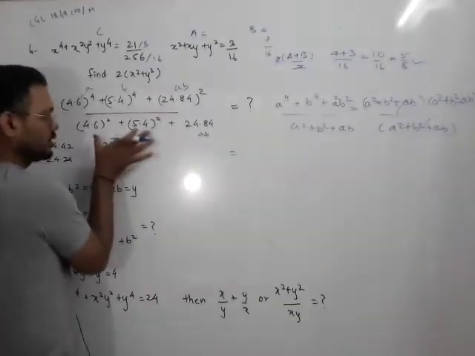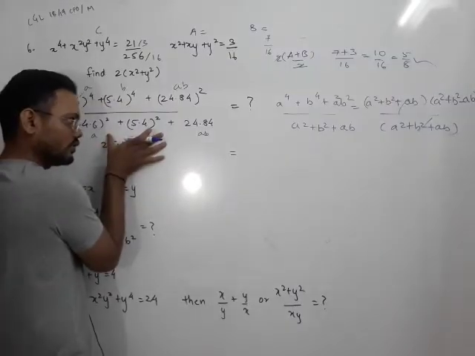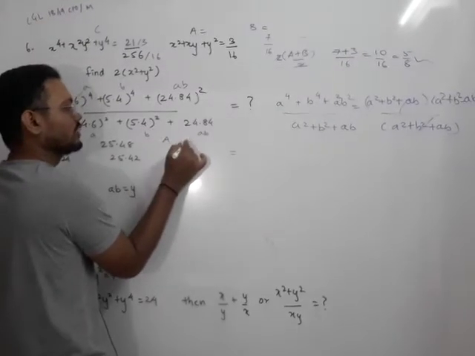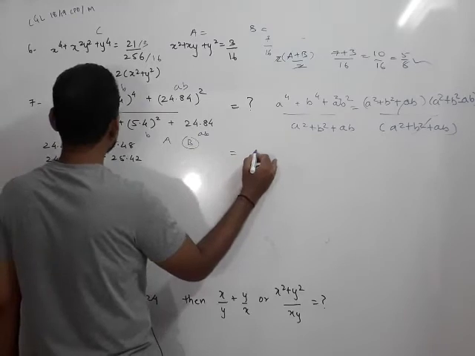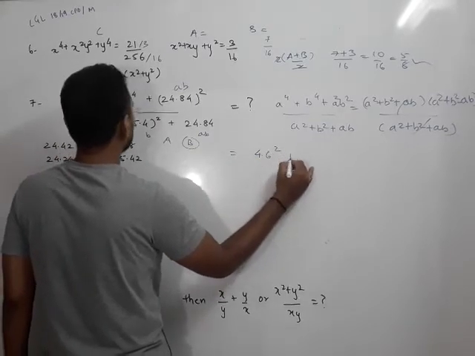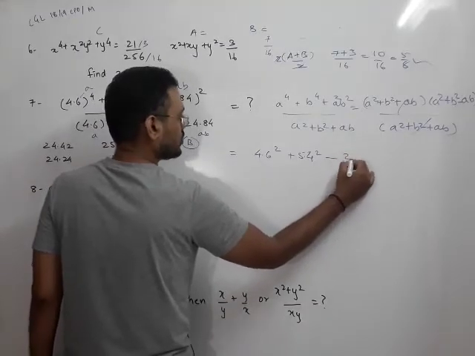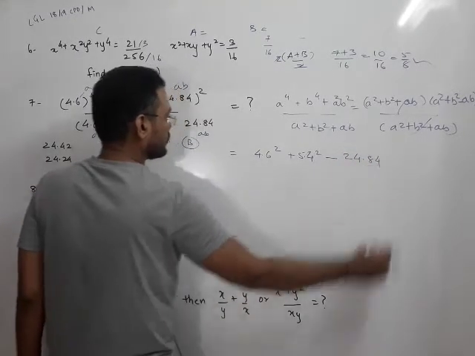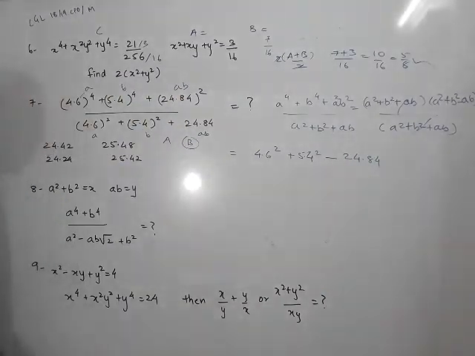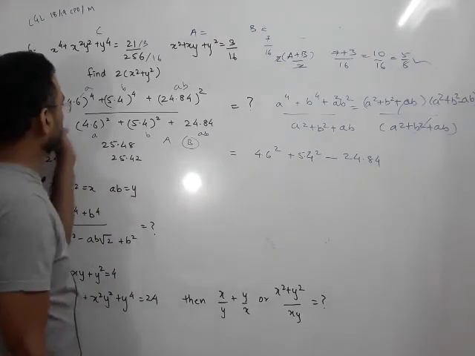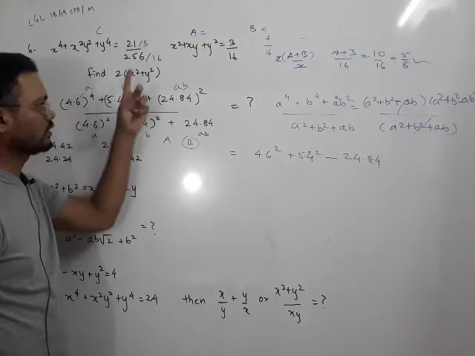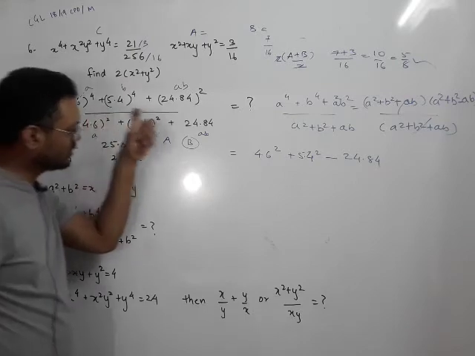This is so logical that this is the positive side, the a equation is there, my b has to be found. So b will be 4.6 square plus 5.4 square minus, 24.84. This will be your answer. Now, the moment I see this, I have understood that this is the logic. So the first step will be this.